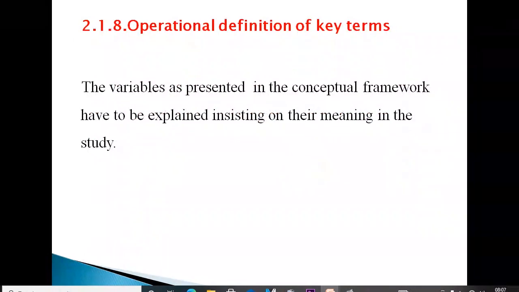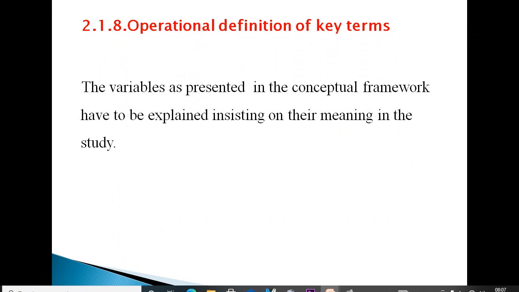So after presenting the conceptual framework, the last subtitle in your general introduction must be the operational definition of key terms. Here, the variables as presented in the conceptual framework have to be explained, insisting on their meaning in the study.